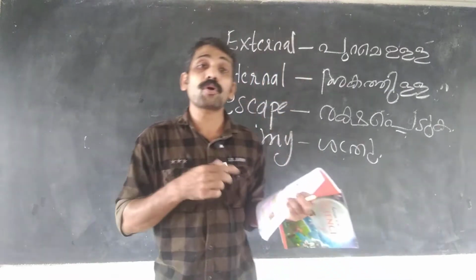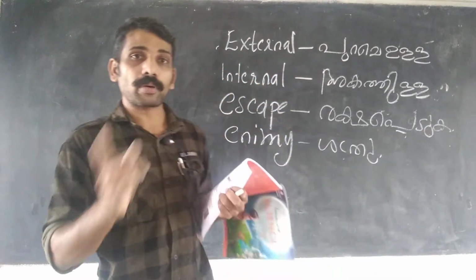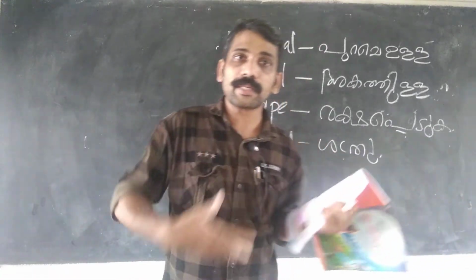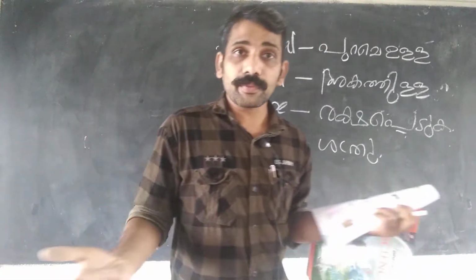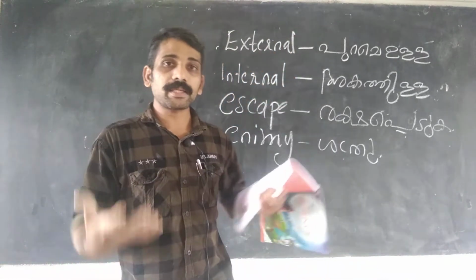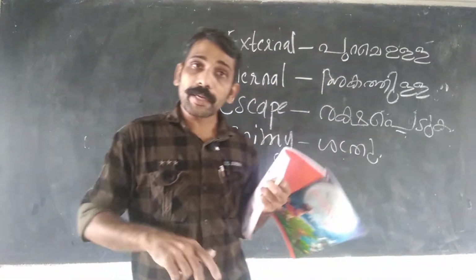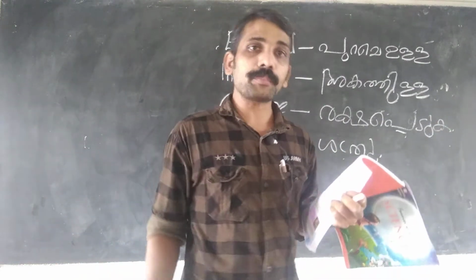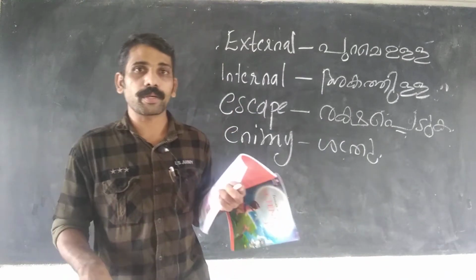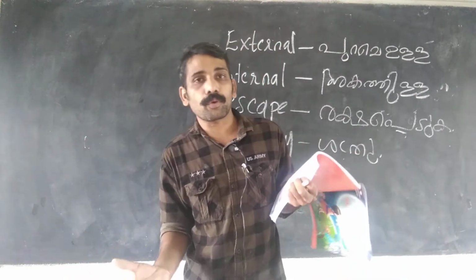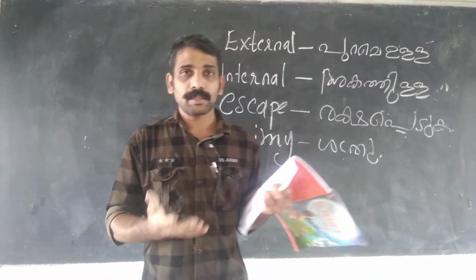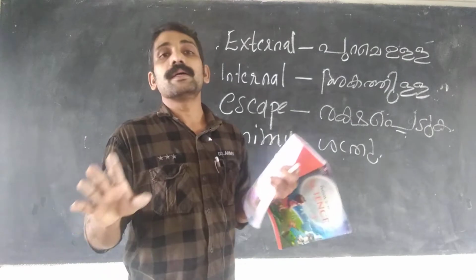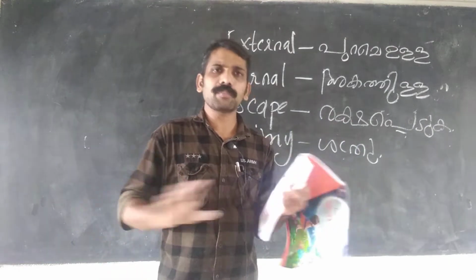And also the movement of blood, movement of water inside our body, movement of food in our body, that we cannot see. Blood, water, food are all moving inside our body. Blood is moving from one part to another. So the movement inside our body is called what? Internal movement.